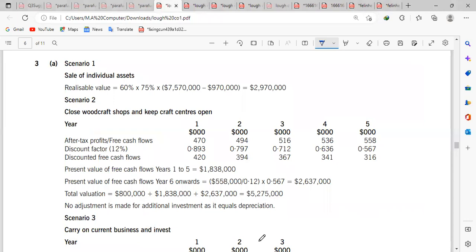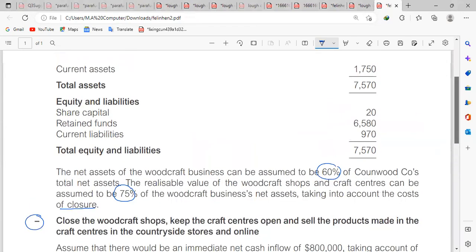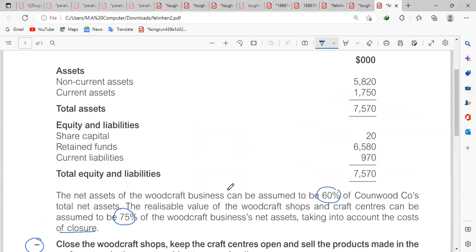Have you opened the question, Ms. Usma? Yes, sir. What did the examiner tell you about when you are going to sell the individual assets? The examiner told you that the net assets of the woodcraft business can be assumed to be 60% of the company's total net assets.